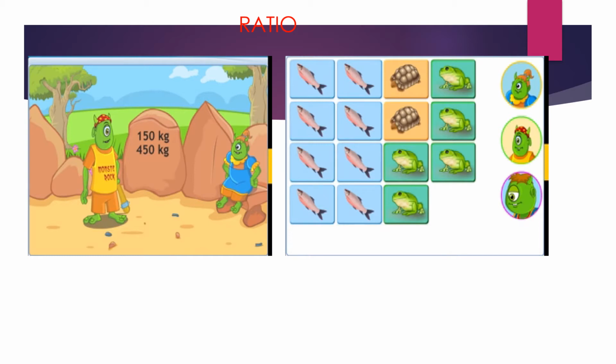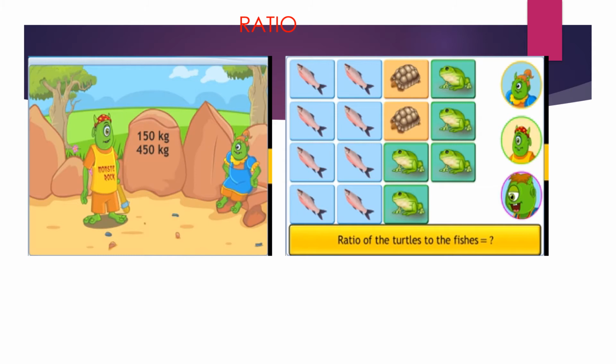Bingo! Pozo, tell me the ratio of the turtles to the fishes. There are 2 turtles and 8 fishes. The ratio of the turtles to the fishes can be written as 2/8. On simplification, we get 1/4. So the ratio of the turtles to the fishes is 1:4.